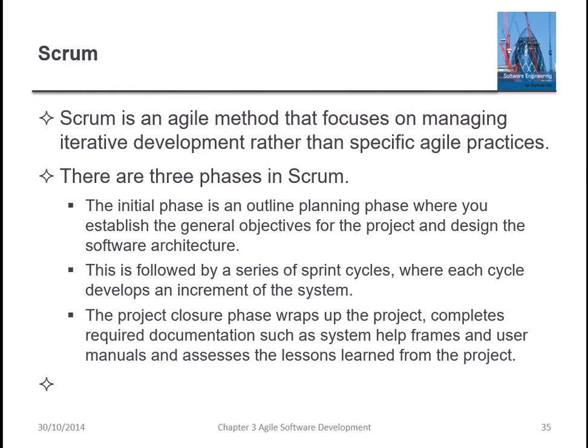This is followed by a series of sprint cycles, where each cycle develops an increment of the system. Then comes the project closure phase, which is the last phase, which wraps up the project, completes the required documentation such as system help frames and user manuals, and assesses the lessons learned from the project.